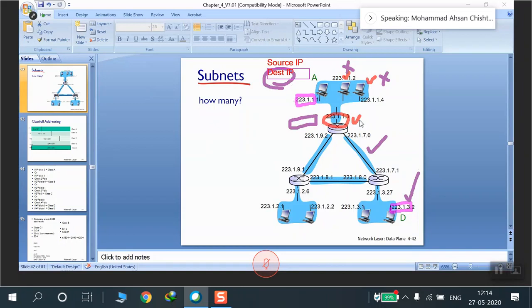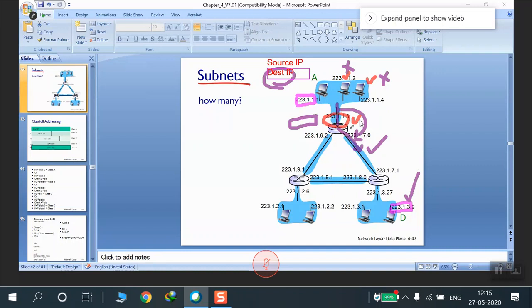So it would forward the packet from this link, that is the incoming link, to this link, that is the outgoing link. So this is the incoming interface, and this is the outgoing interface. The router here does routing as well as forwarding of the packet. Routing would be end to end from A to D, and forwarding would be from incoming link to the outgoing link.